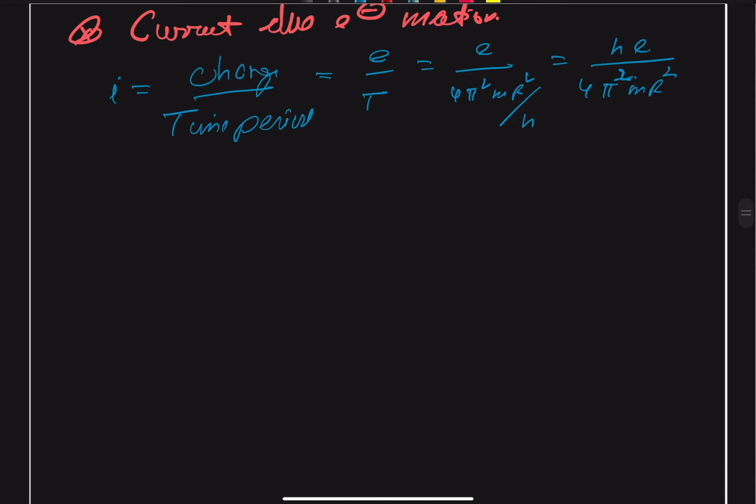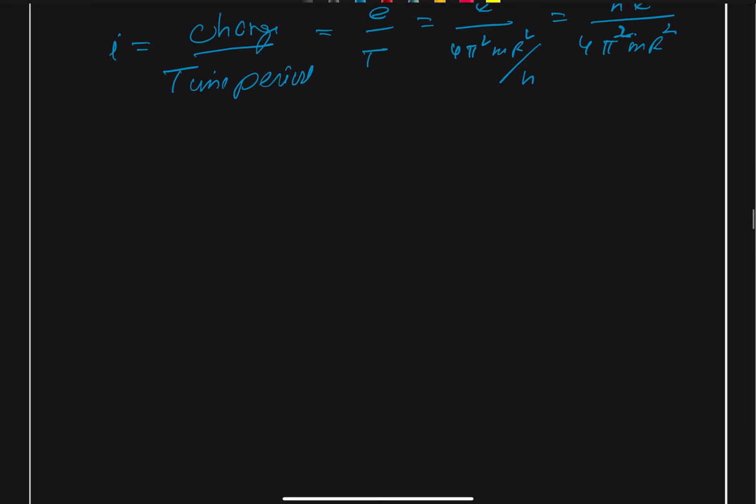And the area of orbit, let us suppose A, will be equal to pi r square.